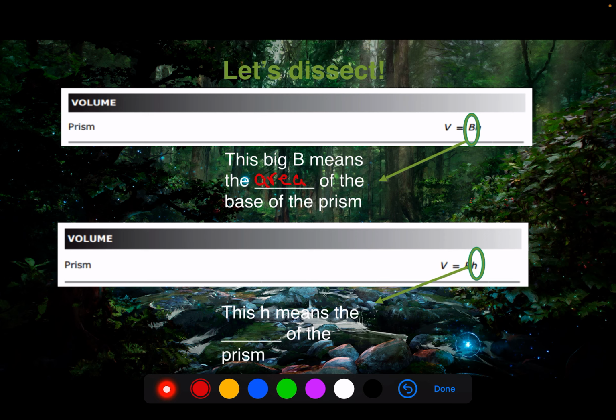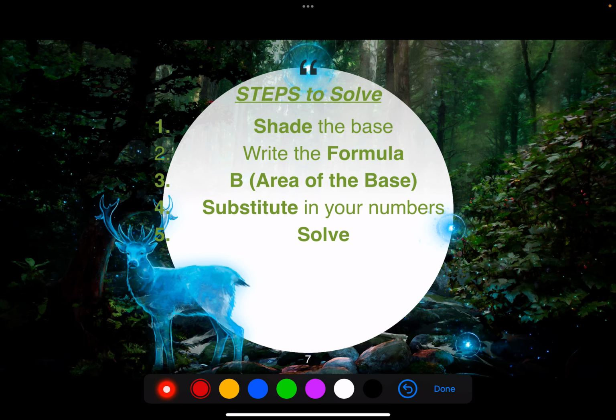It's essentially a formula within a formula. And the H still means the same as in our previous formulas. The H means the height of the prism. Okay? If I moved on too fast, you can pause and rewind.